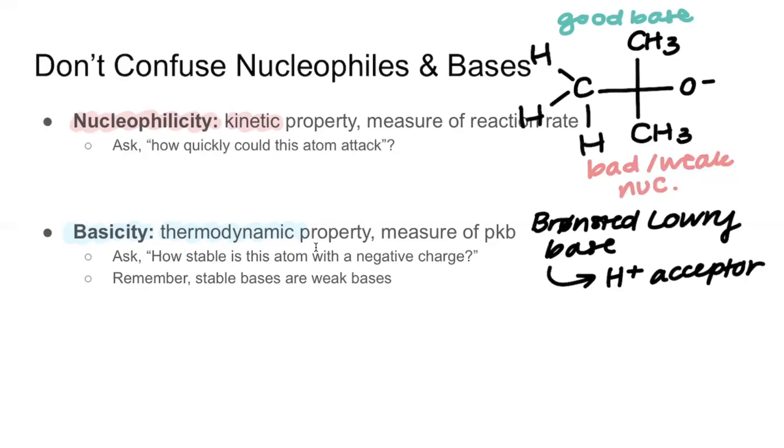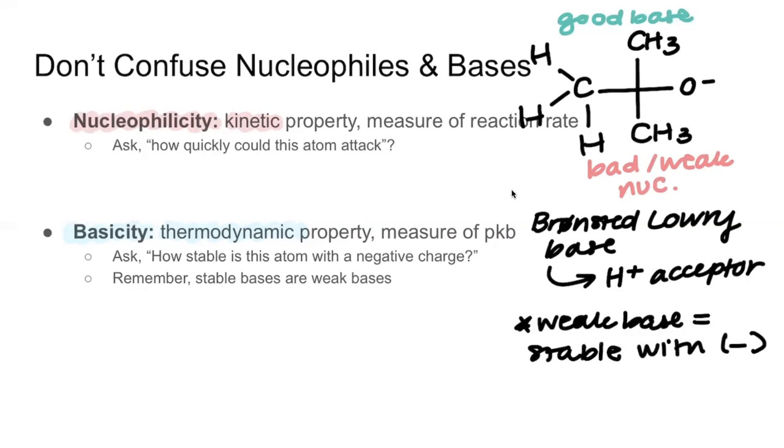Anyway, so to recap, Bronsted-Lowry definition of a base is going to be one that's an H+ acceptor. And thus a weak base is going to be more stable with a negative charge. And if it's stable with a negative charge, it's less likely to want to take up another hydrogen. Awesome.